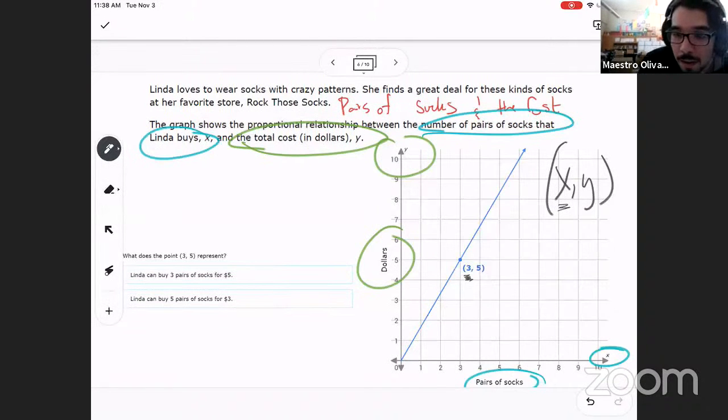All right, then moving on. Diane already heard from you. Doris, what does a 3 represent? Is it 3 pairs of socks or is it $3?